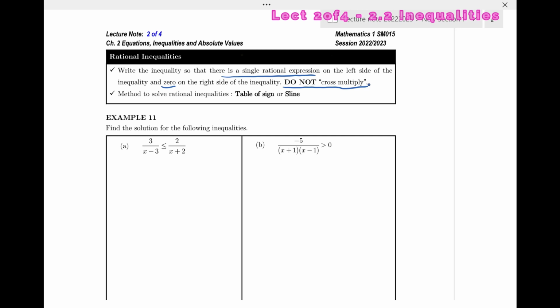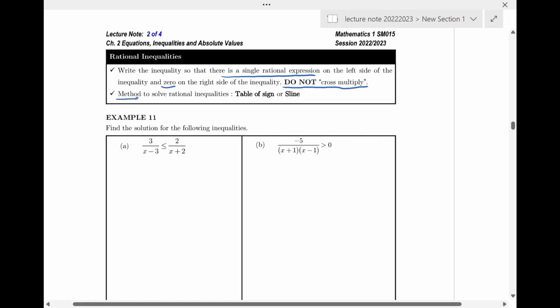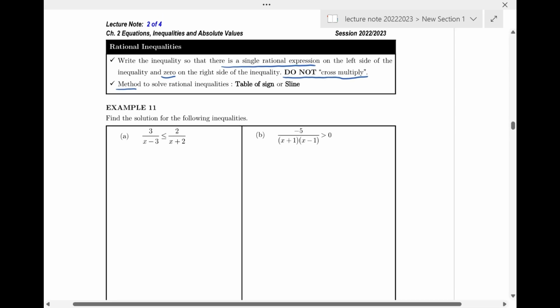And of course, for the method to solve these rational inequalities, we have two: table of sign or sline. I will show you both, and then you will choose whichever you would like to use, if the question does not ask you to do it the way they want. Look at the first part, part A: find the solution for the following inequality.